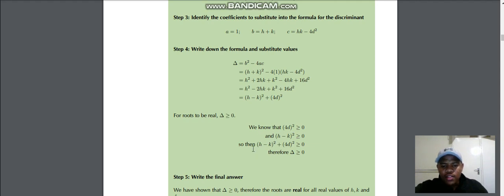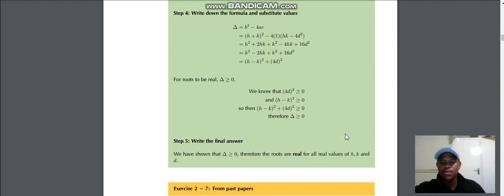So if you take (h − k)² + 4d², that must be equal to 0 or greater than 0, and we can therefore see that our discriminant is greater than 0. So we have shown that the discriminant is greater than 0. Therefore, the roots are real for all real values of h, k, and d.